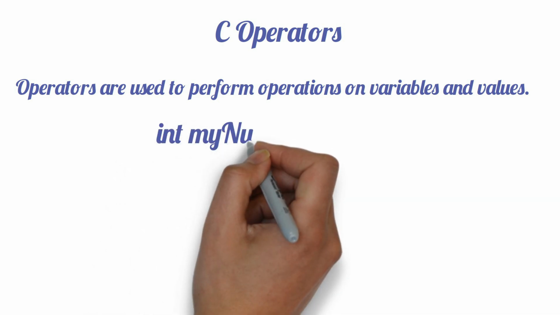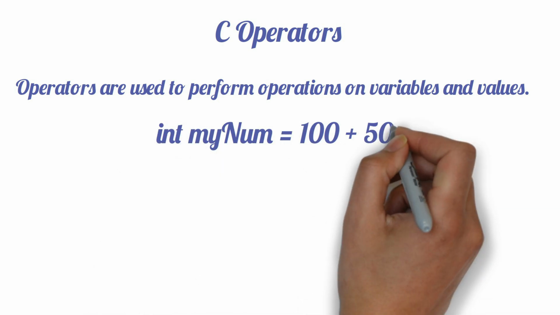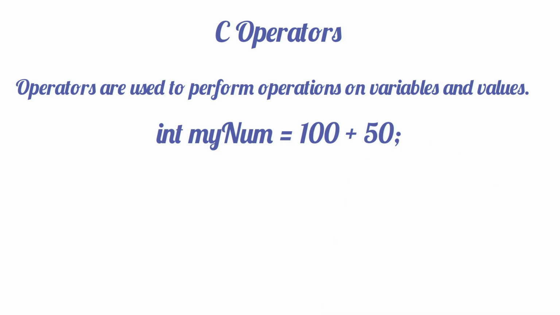First, I am declaring a variable called mynum of type integer, that is int mynum equal to 100 plus 50. I am using two values to add, that is 100 plus 50, and that added value, total 150, will be stored in mynum. So as you can see from this example, plus is used for addition in this case.